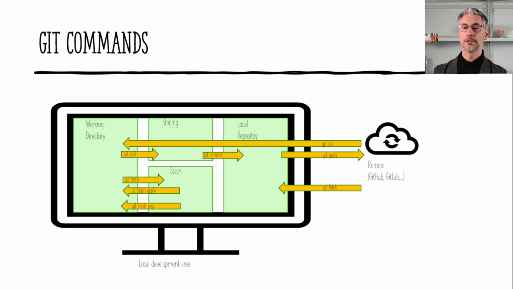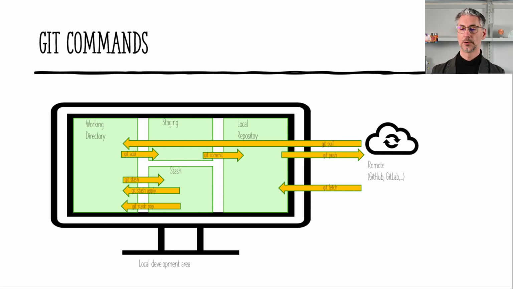The most useful commands that we'll use in the next few steps are illustrated here, and this illustrates the interplay between our local environment, indicated by this computer screen, and the remote server, indicated by the cloud. The relevant commands affect our local and remote environment in a different way.